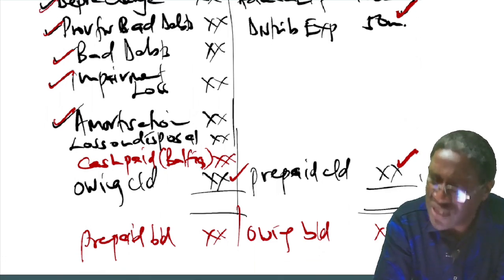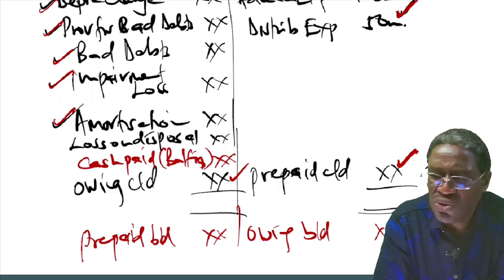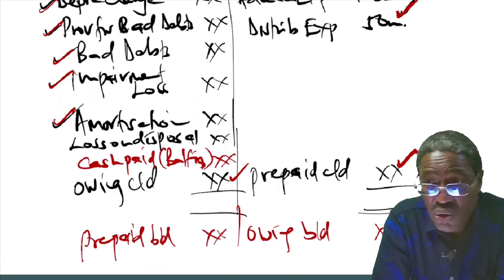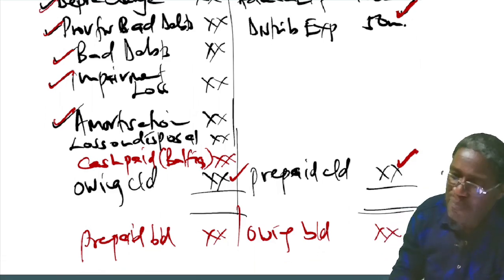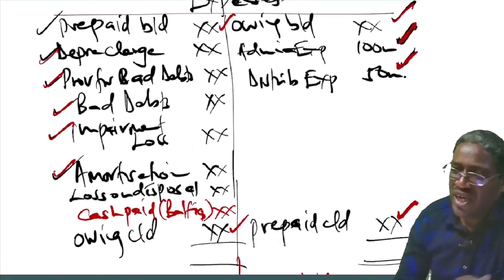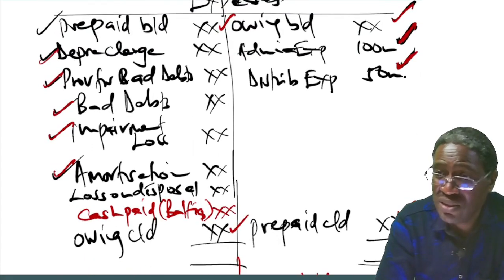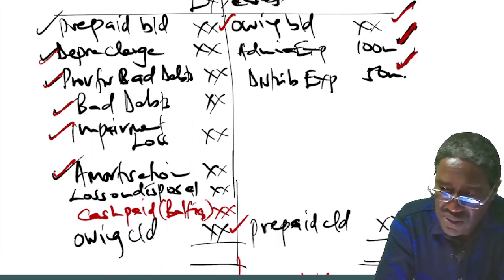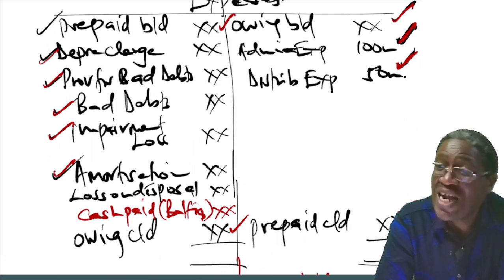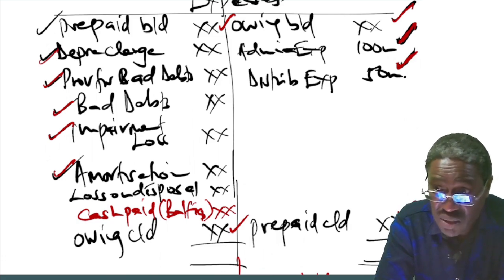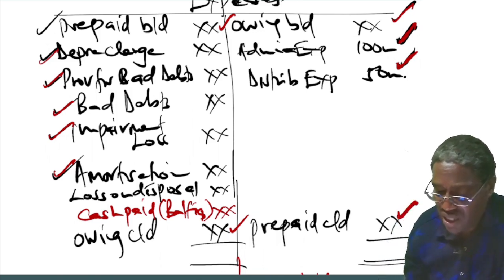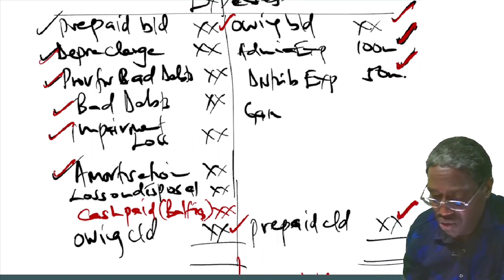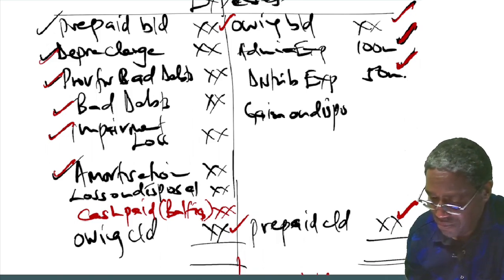But for accountant A, that gain on disposal is not shown. What do you conclude? It must have been netted among the expenses. By netting it against the expenses, it made the expenses less than they should be. To correct them, you come and add that gain on disposal.